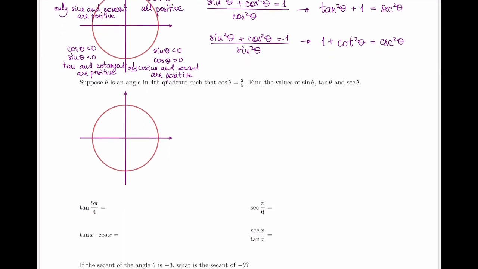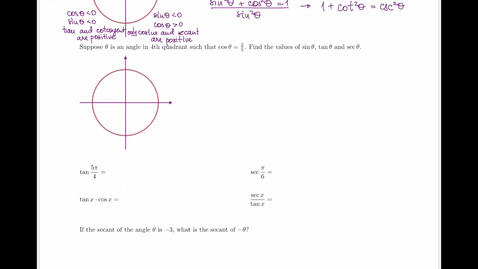What these definitions give us is also a way to actually compute specific values for certain angles and for all of the trigonometric functions. So here the question says that theta is an angle in the fourth quadrant, which means this quadrant right here, such that the cosine of theta is 2/5, and we want to find the values of sine, tangent, and secant. Okay, so let's approximately sketch this actual angle.